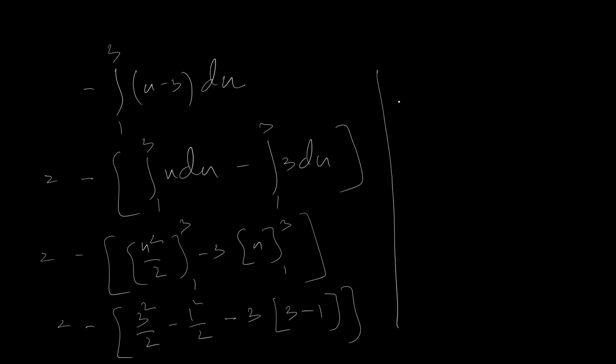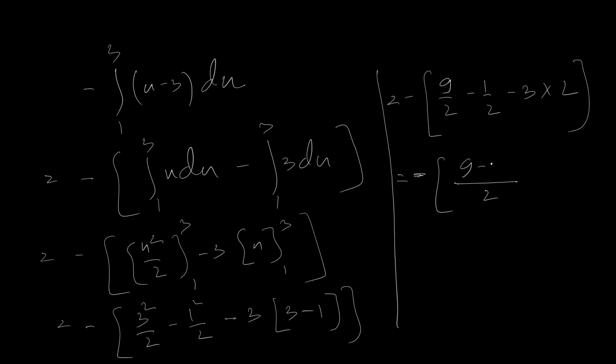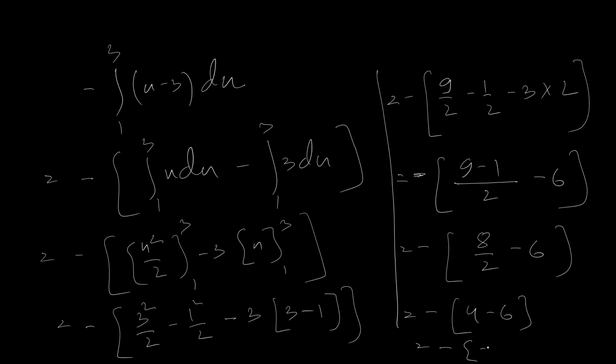So minus, 9 by 2 minus 1 by 2 minus 3 into 2, which is minus (8 by 2 minus 6), minus (4 minus 6), minus of minus 2, ultimately 2.